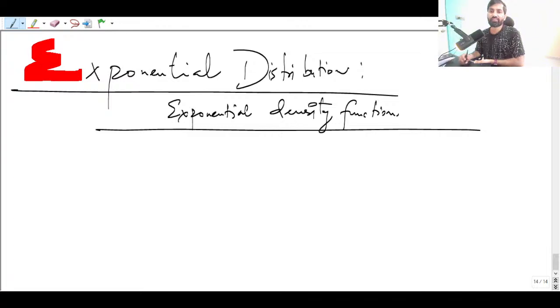So what is this exponential distribution? See, I think you might have gone through the Poisson distribution, right? A Poisson random variable measures the number of events in a fixed amount of time, that you can recall.